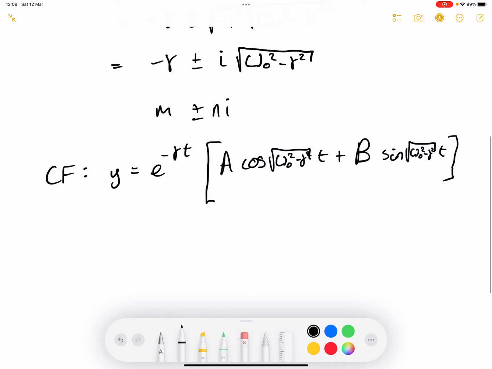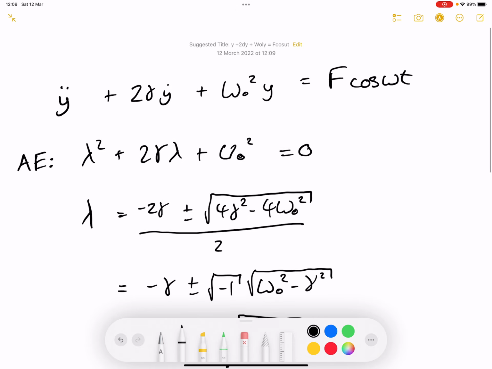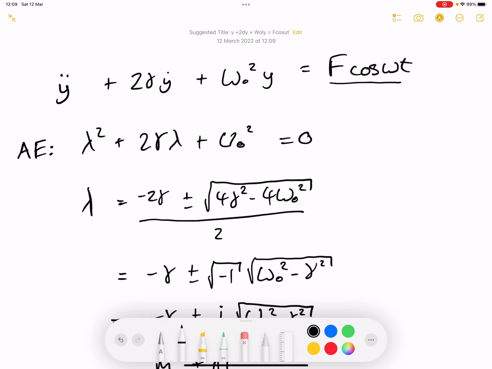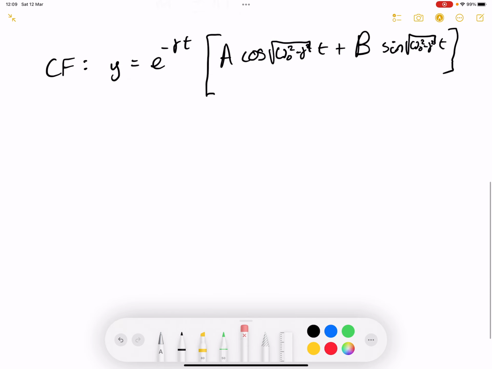T. Right, now what we have to do to deal with this part here, we have to use something called a particular integral. And because we've got something in terms of cosines, we're going to have a particular integral that looks something like y equals alpha cos omega t plus beta sine omega t.